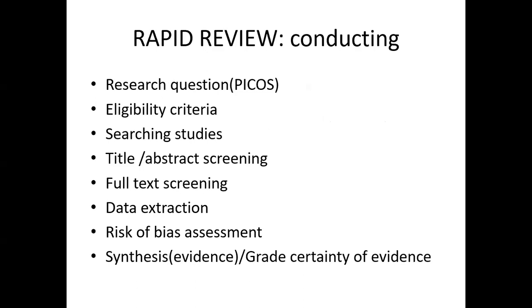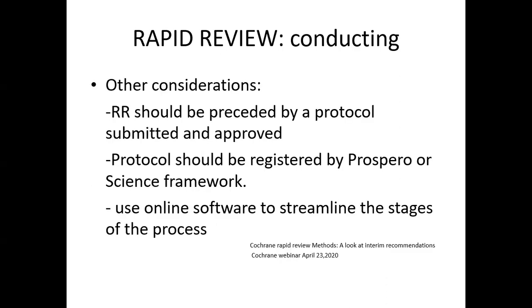Yeah, how to conduct a rapid review? Always start with a research question, eligibility criteria, searching studies, title, abstract, the same way that you are doing for a systematic review. Let's jump to the next. The same way that we are doing a systematic review.